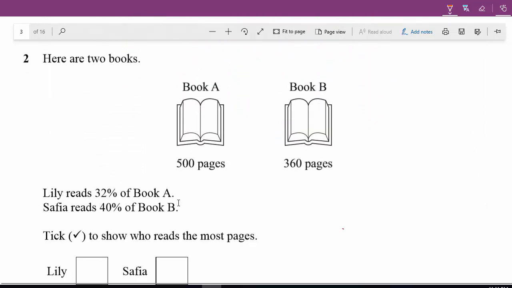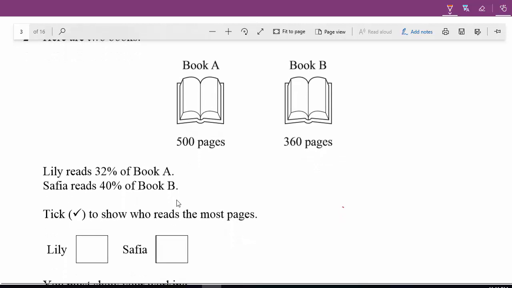Question 2. Here are two books. Book A, 500 pages. Book B, 360 pages.